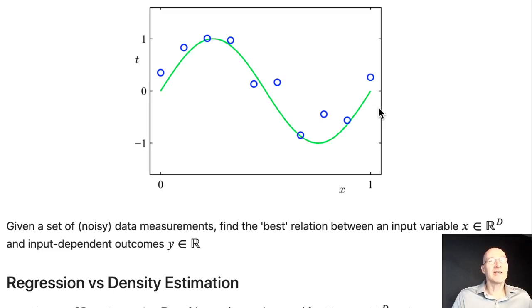Now, the nice thing about the Bayesian approach is that you have to be very explicit about your model assumptions. I'm sure you've done curve fitting before in some of your classes. The usual approach is to assume some polynomial and minimize the sum of squared errors.